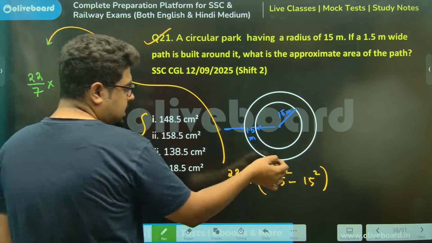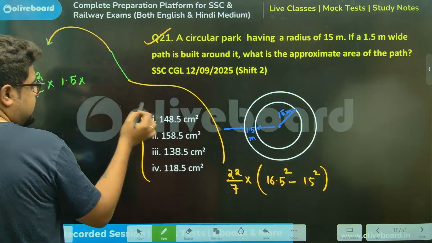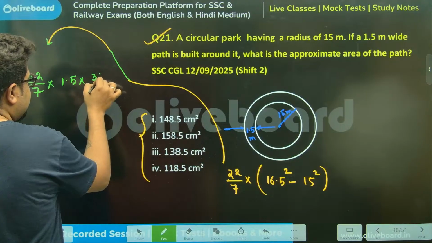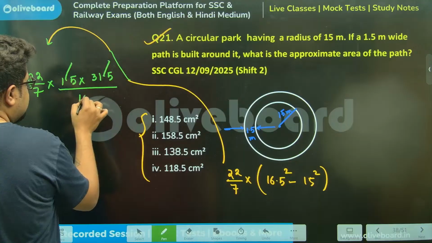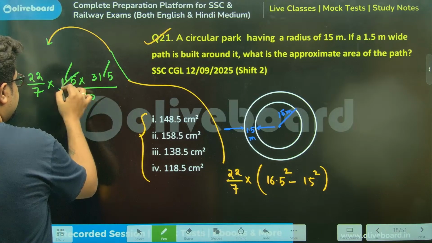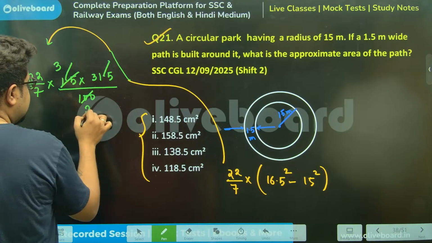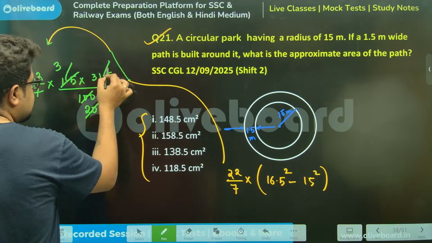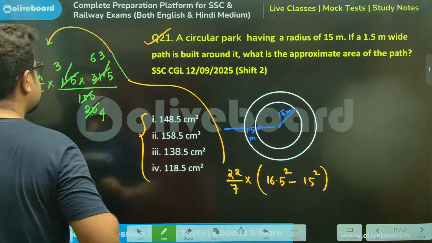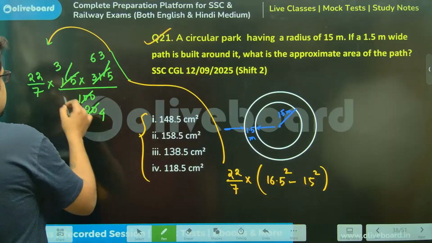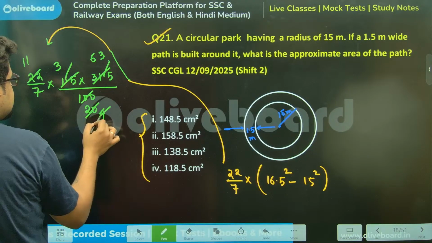A minus b is 1.5 and a plus b 15, 15, 30, 31.5, sir. This goes by 100. Correct. 5 threes are this, 5 20s are this, 5 fours are this, 5 6 are this, 3s are this. And this is 11, this is 2.